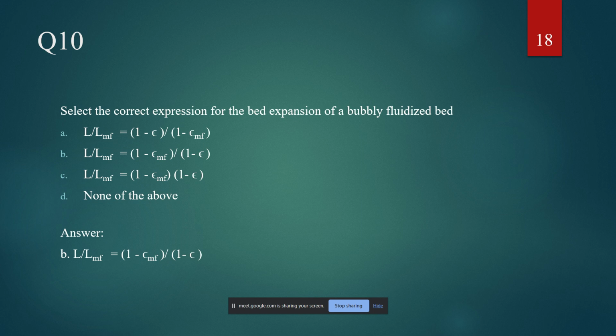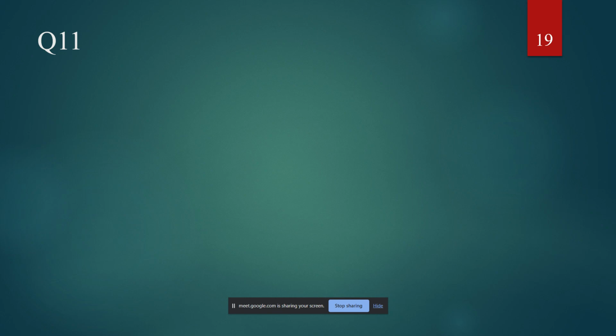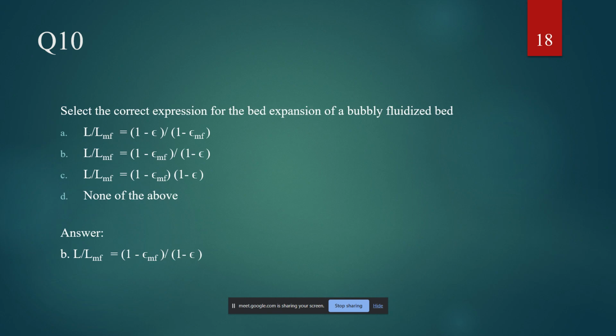Option B is the right answer. This is in case of bubbling fluidized bed. So the correct expression for the bed expansion of the bubbling fluidized bed is L by LMF equal to 1 minus epsilon MF by 1 minus epsilon. So option B is the correct one.